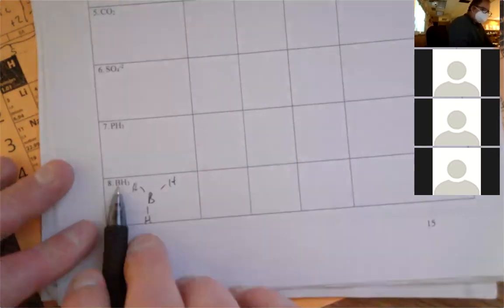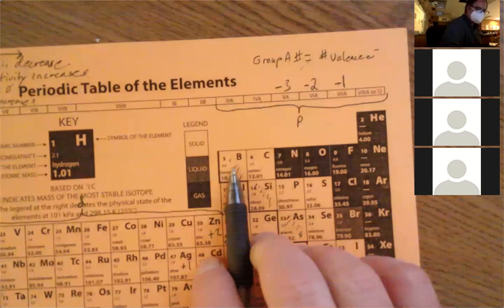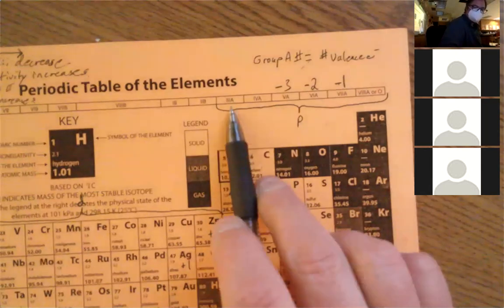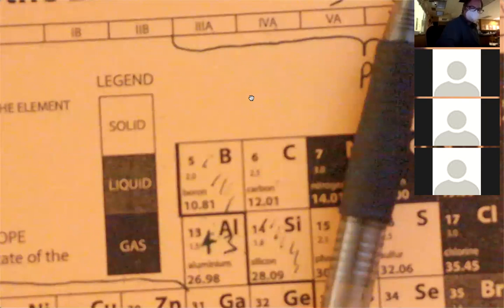So we have B, which brings how many to the party? B is in group 3. So that's 3 plus 3 equals 6.